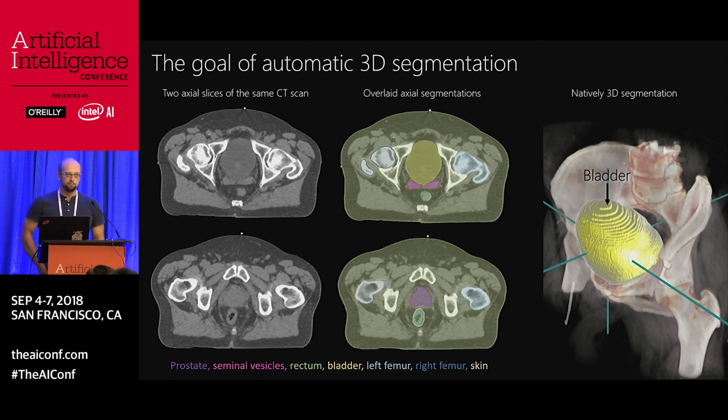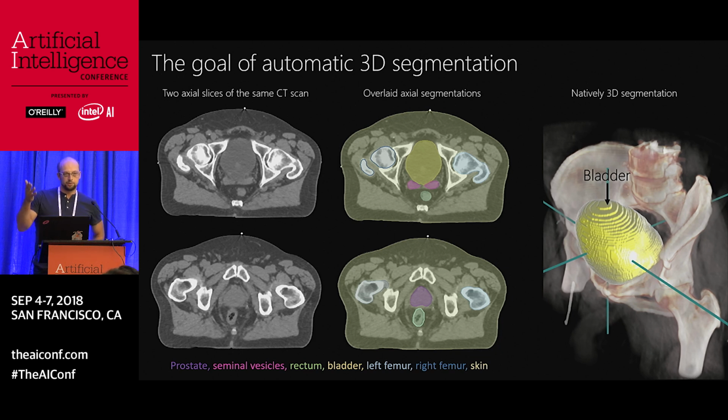To present the problem more specifically, for three-dimensional segmentation we have an image like the one on the left here, and we're trying to obtain an image like the one on the right, where all the relevant anatomy is labeled, and each label has some semantic meaning.